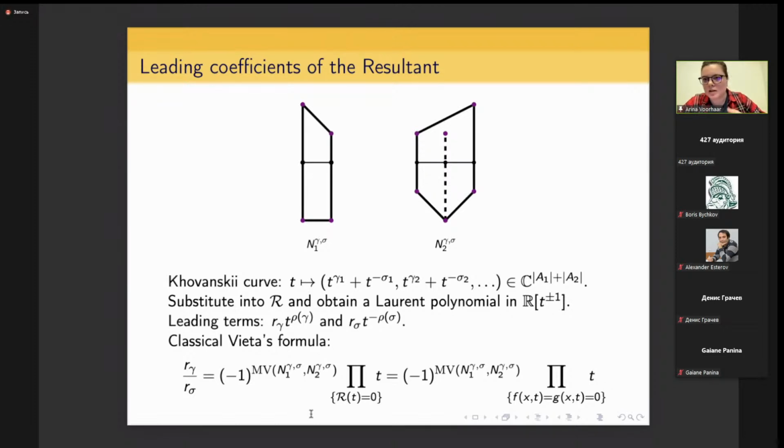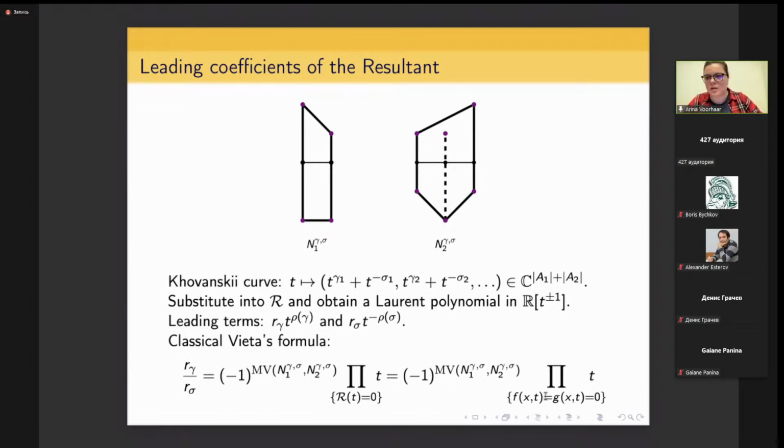At the same time, again, passing from this interpretation, where polynomials f and g, when you plug in coefficients depending on this new variable t, can also be viewed as a system of Laurent polynomials in two variables x and t, we can realize that what we need to do, for this system of two polynomial equations in two variables, is to find the product of the second coordinates of all of these roots, right?